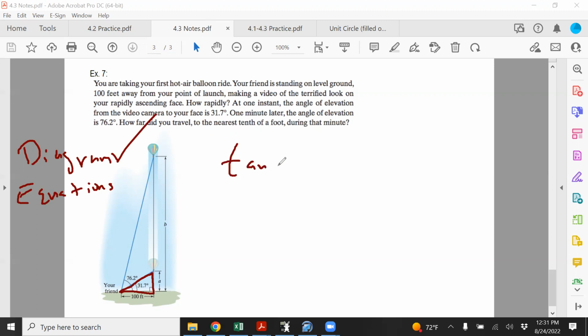Tangent of 31.7 degrees. If I focus on the small triangle, what am I going to put on the other side? The small triangle has the angle of elevation 31.7. A over 100. Thank you, Diana. A over 100.